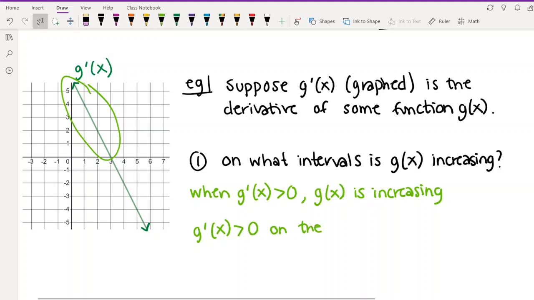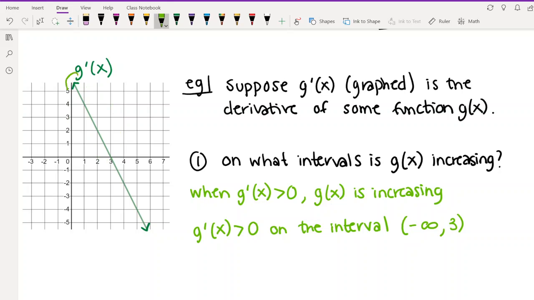Well, assuming that the graph keeps going to negative infinity on the left, the graph g prime of x is positive from negative infinity up until 3, right? Not including 3, because at 3, it's actually equal to 0. So maybe I'll circle this a little bit less close to 3, right?